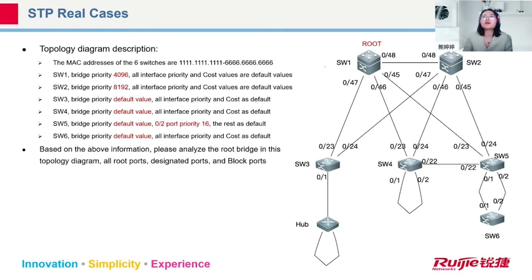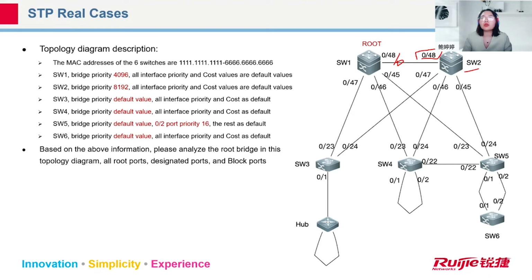RP is the root port. We select one RP per switch. Now let's focus on switch 2. The RP should be interface 48, right? Because its cost value is the smallest, 10. The other links connecting to the root cost more than 10.